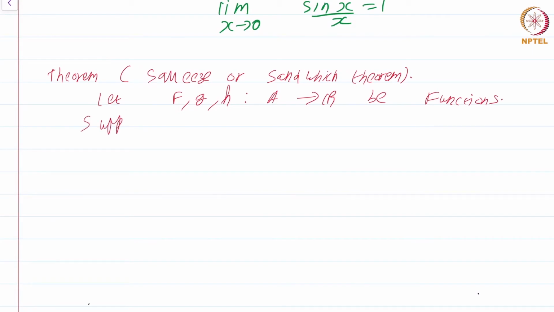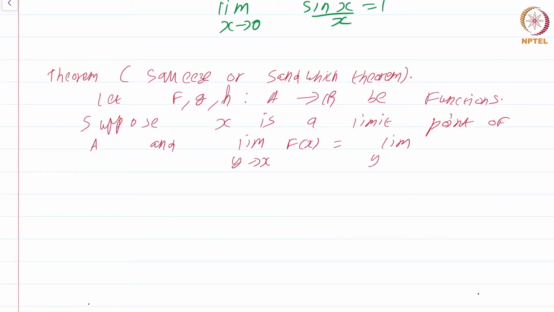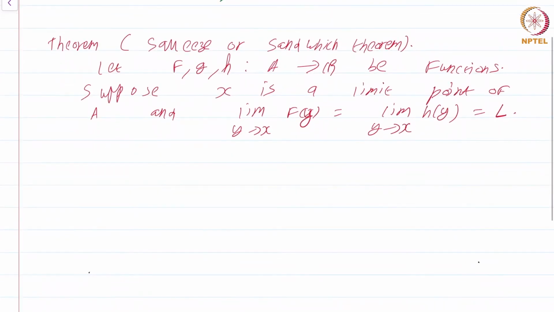Suppose x is a limit point of A and limit y going to x of f of y and limit y going to x of h of y are both equal to L.